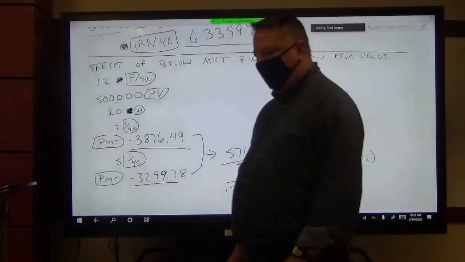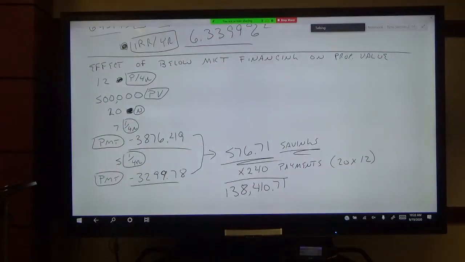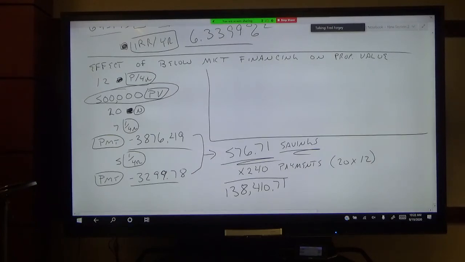Okay? So what if this were what would normally be the traditional market value? This is where it gets interesting. What if this were what the traditional market value is? But what I'm saying is, now that you understand this deal, what if I come in as the owner and say, you know what? I want $550,000 for the property.